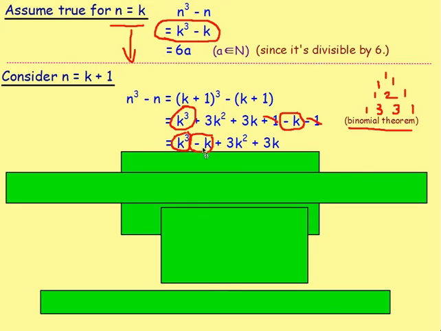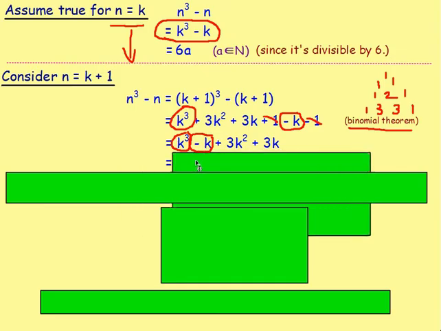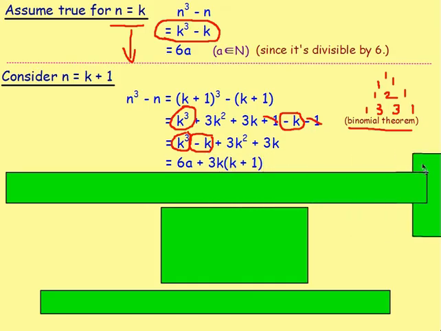So we can replace k cubed take away k with 6a. We've still got this plus 3k squared and this plus 3k. With the 3k squared and the 3k, you could take out 3k as a common factor, so that would be 3k bracket k plus 1.